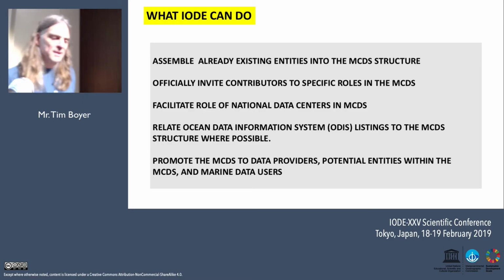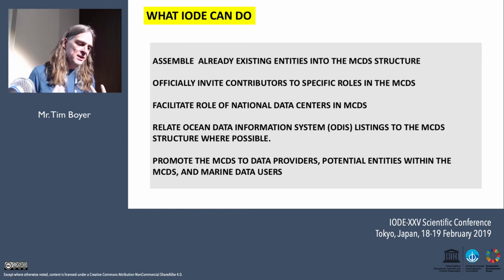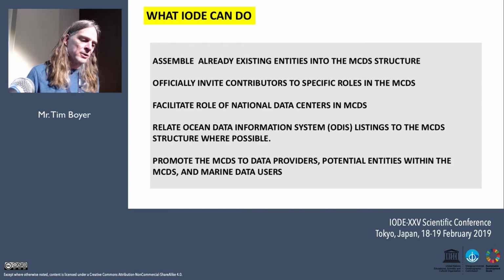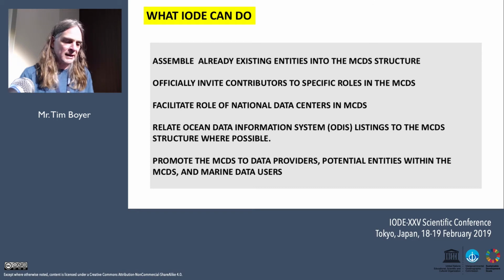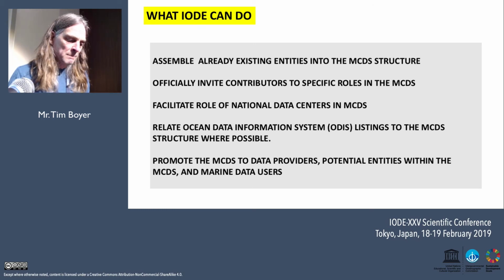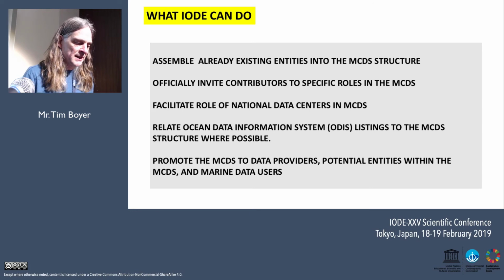So what can IODE do? Well, IODE can really play an instrumental role in assembling the already existing structures into a formalized MCDS structure and send out official invites for contributors for specific roles, DAC, GDAC, and so on. Especially, IODE is in essence an international facilitator of national oceanographic data centers.